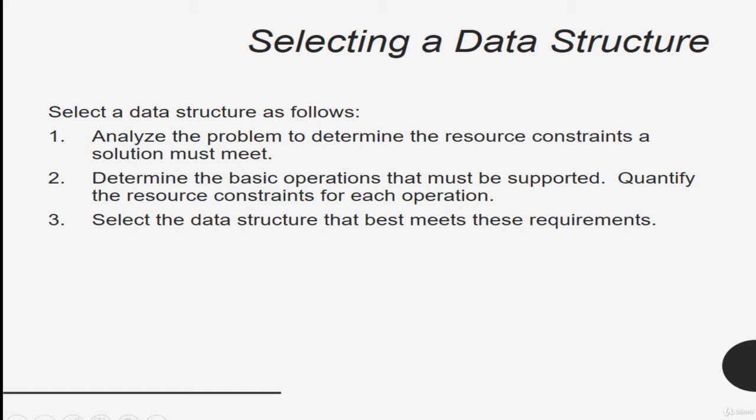So when selecting a data structure, analyze the problem to determine the resources and constraints a solution must meet. Determine the basic operations that must be supported. Quantify the resource constraints of each operation. Select the data structure that best meets the requirements.